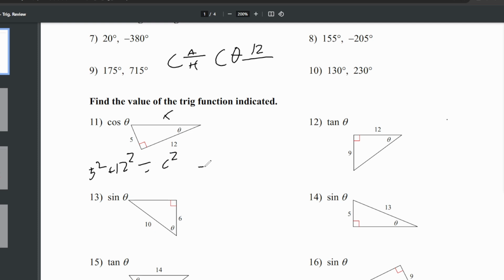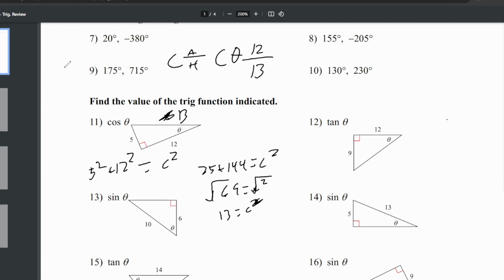That would give us 25 plus 144 equals c squared, which would be 169 equals c squared. Square root on both sides, and then that would be 13 equals c. So x, or c, would be equal to 13. So for this one, cosine of theta would be 12 over 13.